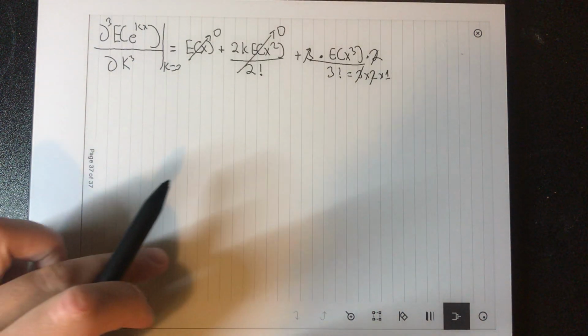So we will now apply the moment generating function to the normal distribution, and we will show how to obtain the moment generating function of the normal distribution. So let's begin. Now recall the density function of the normal distribution.